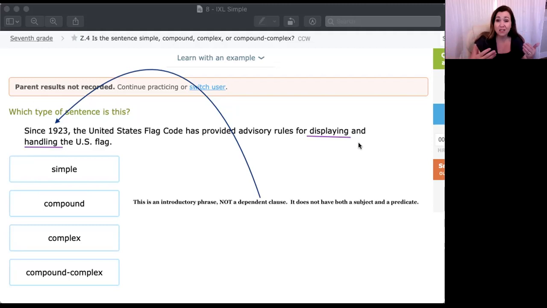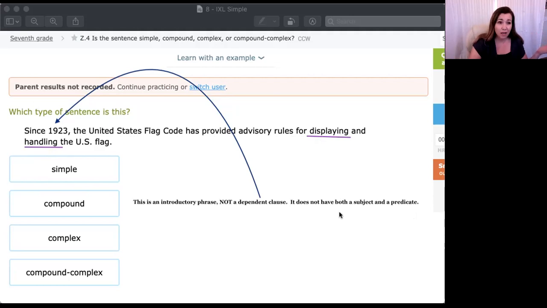So "and" has multiple jobs. In this case, "and" is simply listing "displaying" and "handling." There are two things that the United States Flag Code has provided rules for.